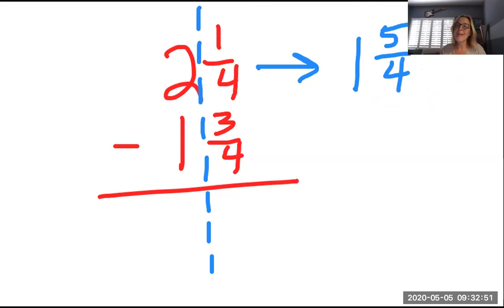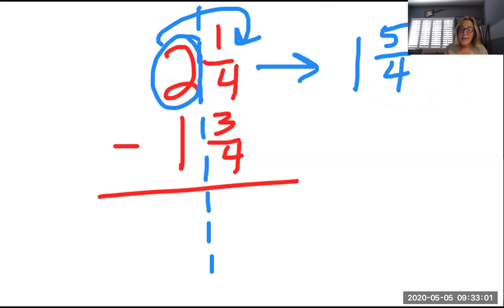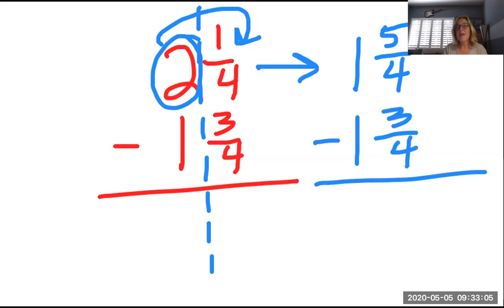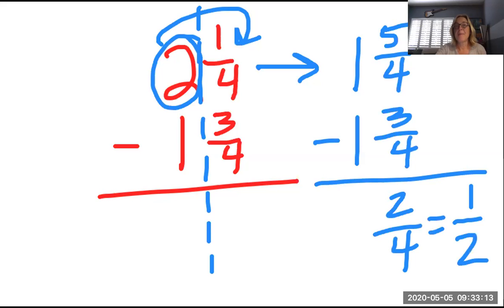That's what regrouping is with mixed numbers. So I took one of the 2's, added it to the 1/4. 1 1/4 in fraction form is 5/4. Now I can subtract because I have enough fourths. 5/4 minus 3/4 is 2/4. There are no whole numbers left, and then we would simplify this to 1/2.